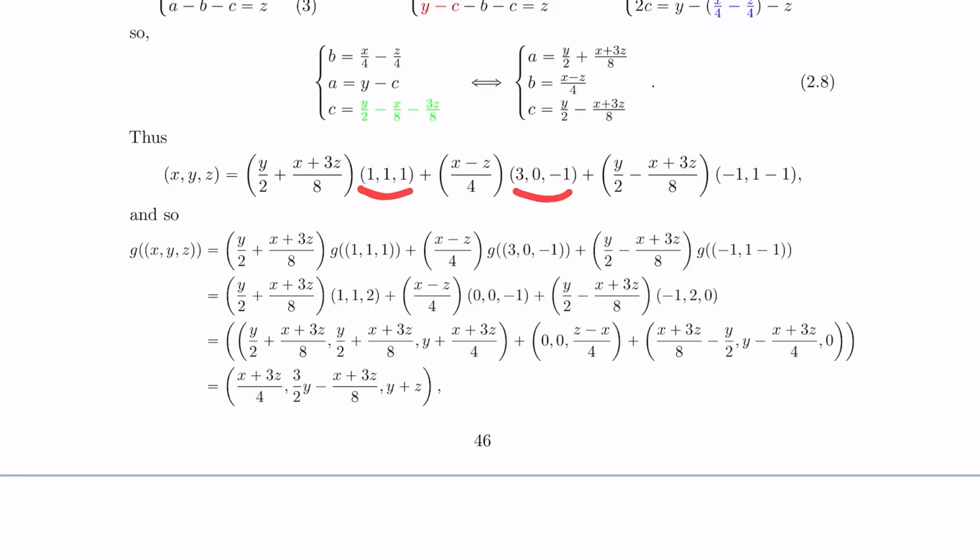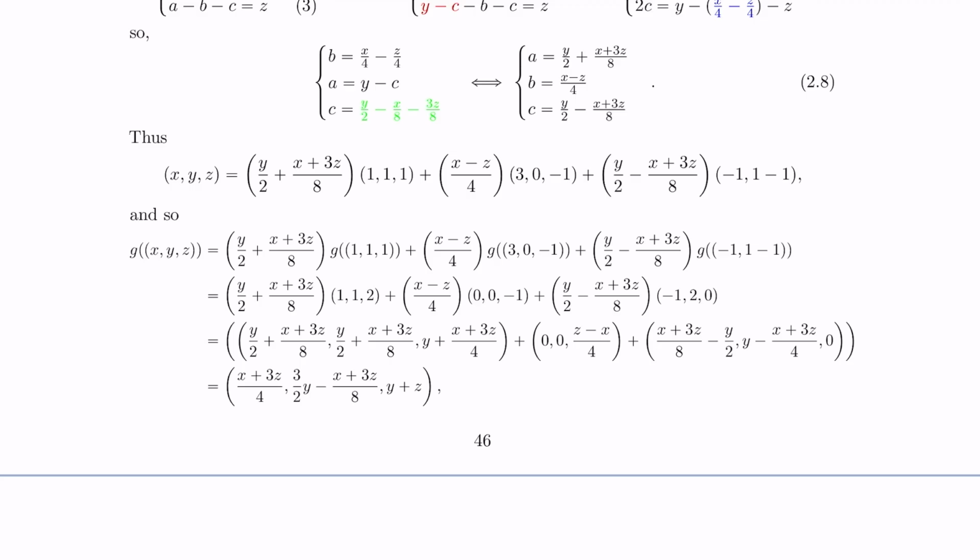These are the basis vectors that we have fixed by choosing the basis B, and these are the components of this vector here that will change as x, y, and z change. Now the last step consists in applying to both sides of the equation the function g. On the left-hand side we find exactly what we wanted, that is the expression of g over the generic element of R3.